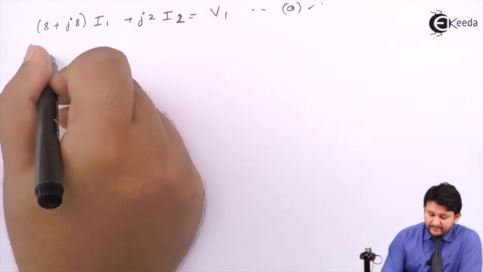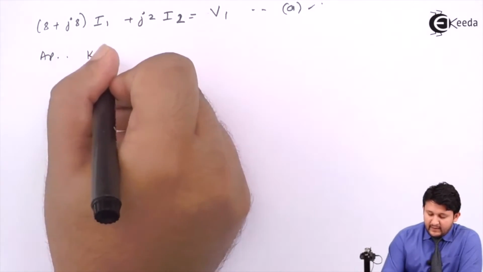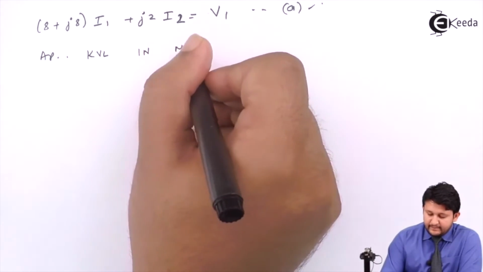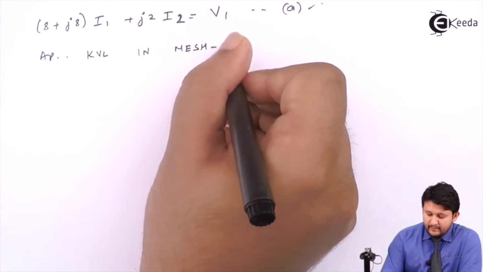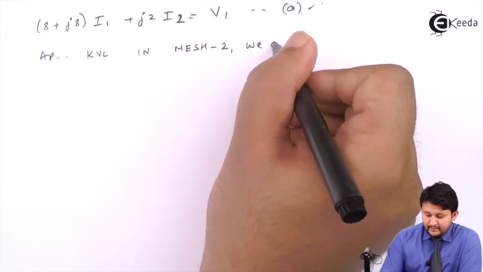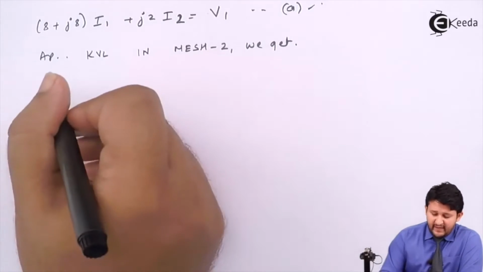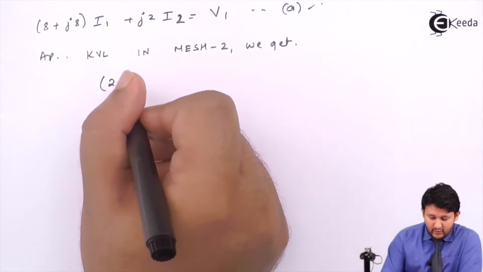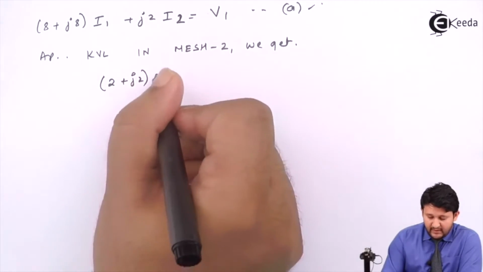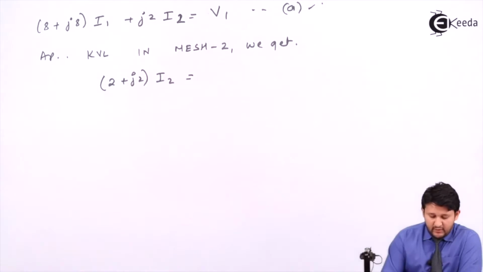Now apply KVL in mesh 2. In mesh 2 you have one real part and one imaginary part. Add both of them: 2 plus j2. The current flowing is I2, equal to, there are 2 voltage sources.